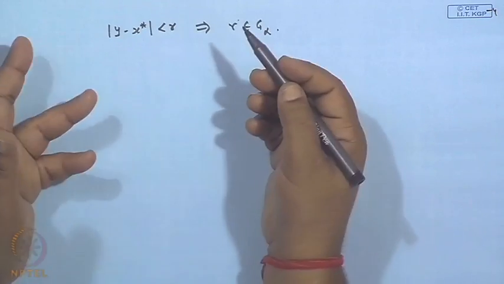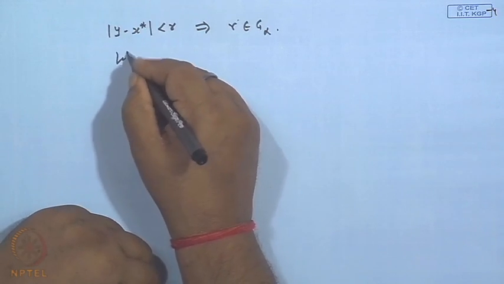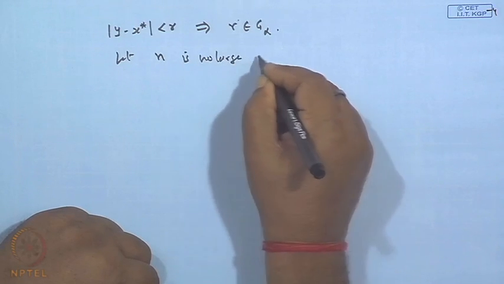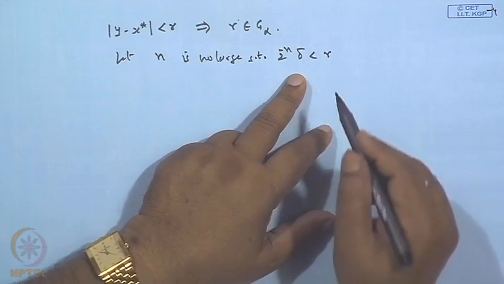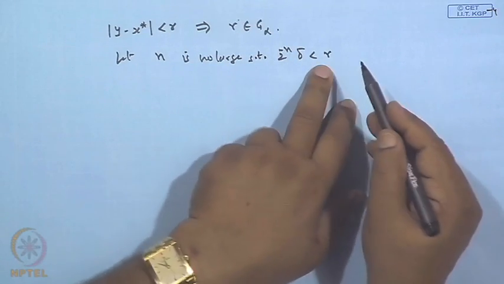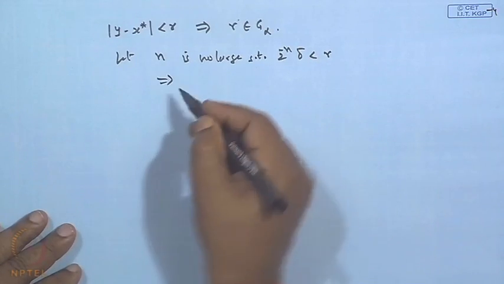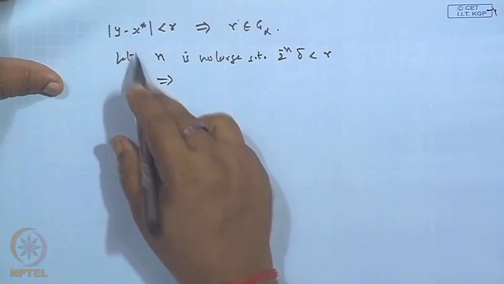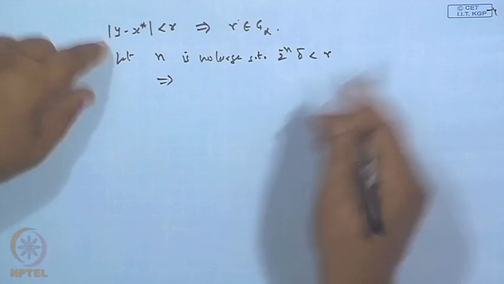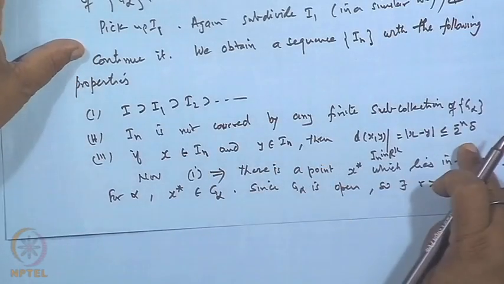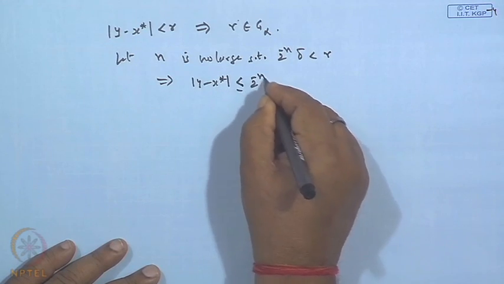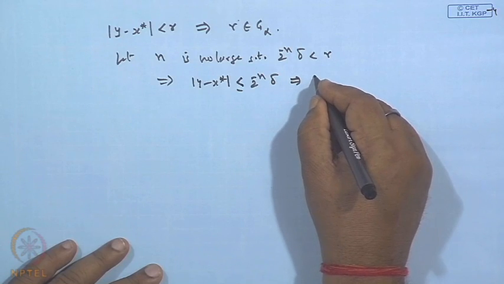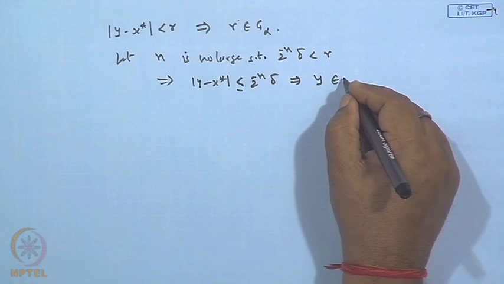Now, R is our own choice. So let us pick n so large that 2 to the power minus n delta is less than R. That is possible, because R is once fixed, and you can take n so large that this entire thing remains less than R. If it is so, then what happens? Any element of I n satisfies this condition, so any element of I n will be an element of the R neighborhood. So the distance y minus x star is less than or equal to 2 to the power minus n delta, which implies that y, which is in G alpha, belongs to I n.